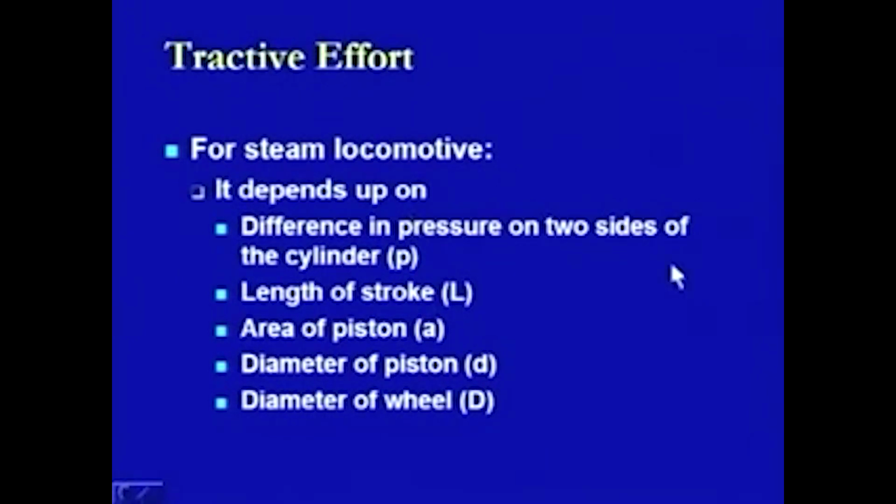This stroke will be coming back, and that is how one cycle will be completed. And because there is a cylinder, we have to take into consideration the area of the piston, the diameter of the piston, and similarly the diameter of the wheel. Taking up all these factors together, we can compute the value of the tractive effort in this case.